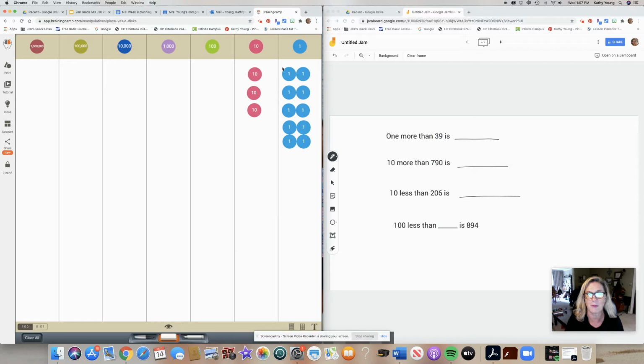So for 1 more than 39, I'm going to have to group these 10 ones together, and that turns them into a 10. So instead of 3 tens and 10 ones, I have 40. So 1 more than 39 is 40. And a lot of y'all would have known that just by counting, but I'm just making sure that we understand the why that we are doing that.